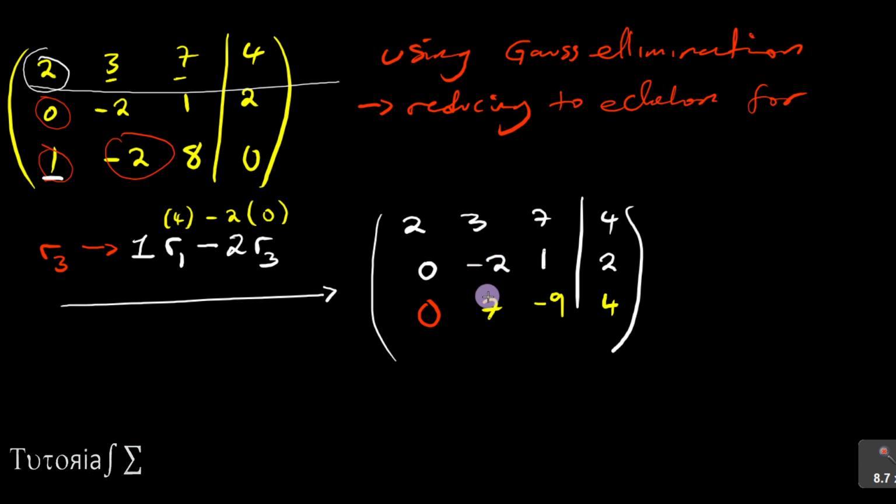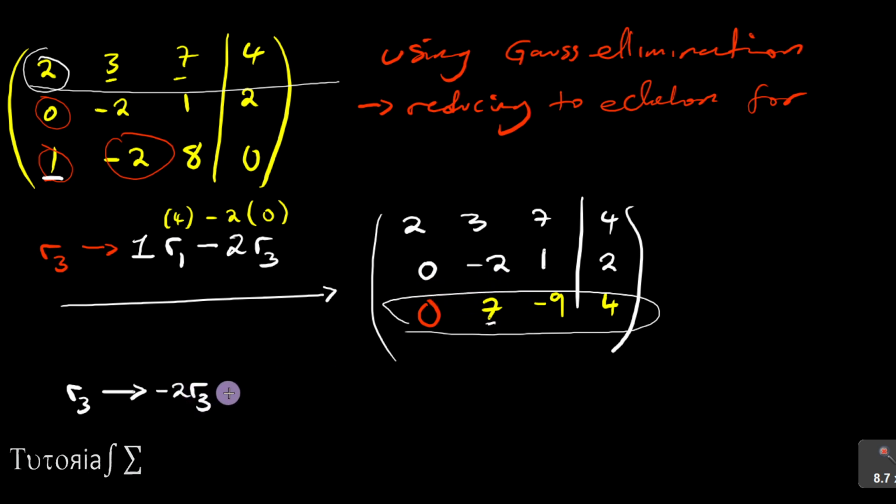So again, we just use the same trick that we learned. We're trying to make a 0 in row 3, which is here. This will transform to, we can swap the numbers, which is -2 times row 3, and -2 is in row 2. Then we say plus 7 times row 2, more like the way we do when we're doing the elimination method, where we just swap the numbers.